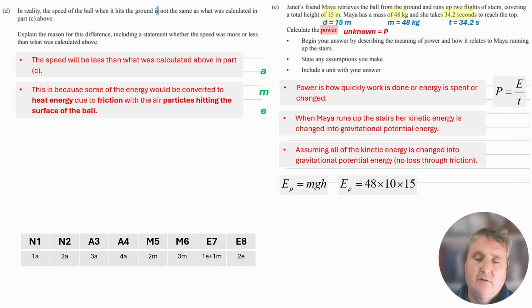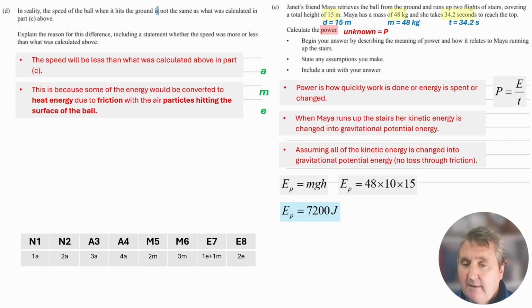The potential energy is equal to her mass, 48, times the acceleration due to gravity, 10, times the height, 15 meters, and we can work out the total amount of potential energy that she gained going to the top, okay? But they want us to calculate the power.